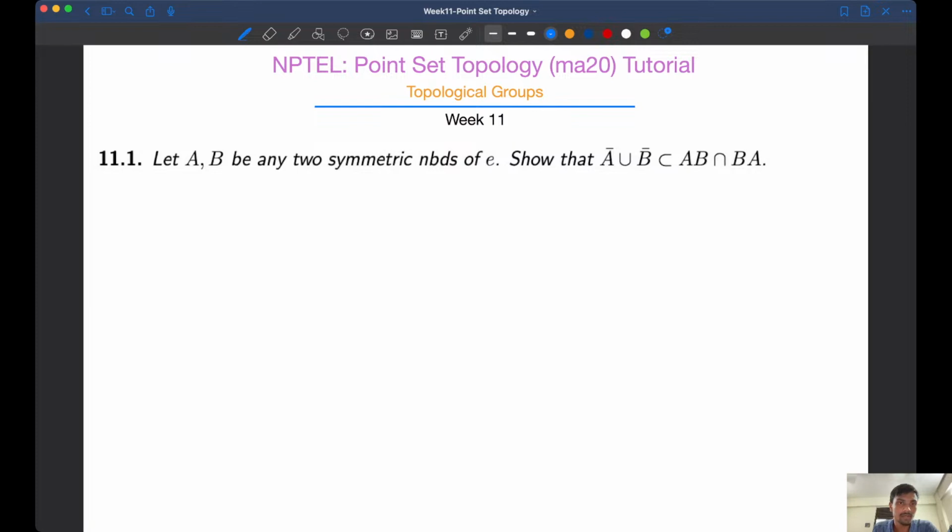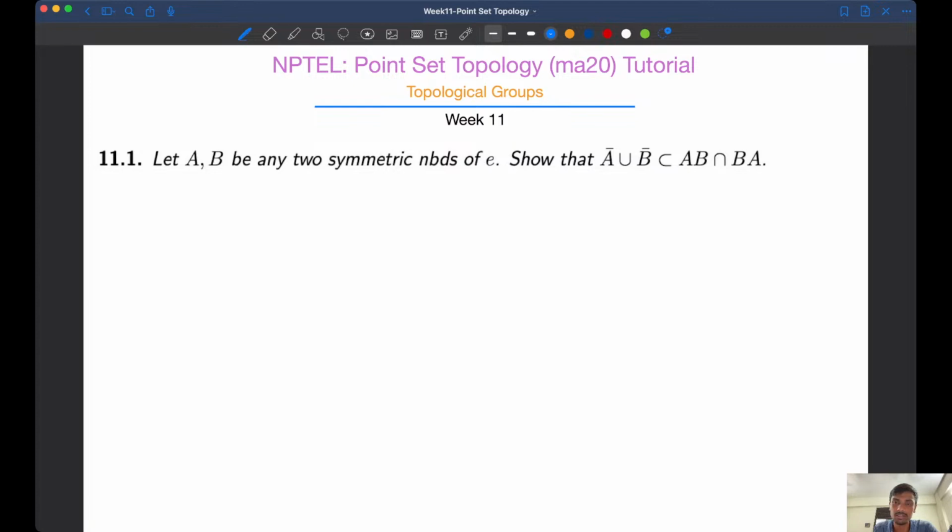So, if A and B are two symmetric neighborhoods of E, where everything is happening in a topological group G, and E is the identity element of that group, and A and B are two subsets in the topological group G. Then we need to show that A closure union B closure is contained in AB intersection BA.